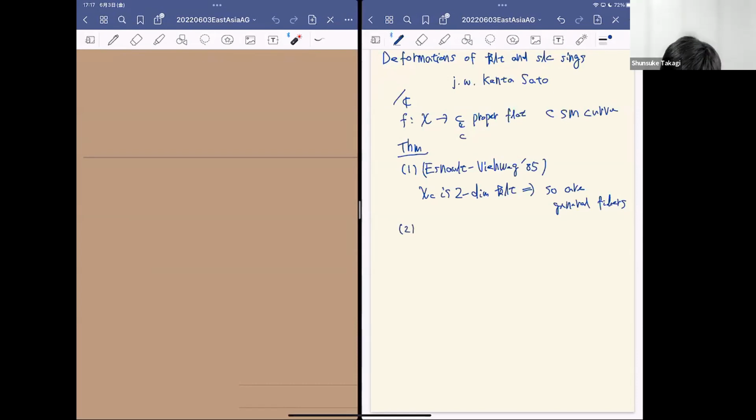The next result is due to Ishii, who proved the log canonical case. If the special fiber is two-dimensional log canonical, then so are the general fibers.